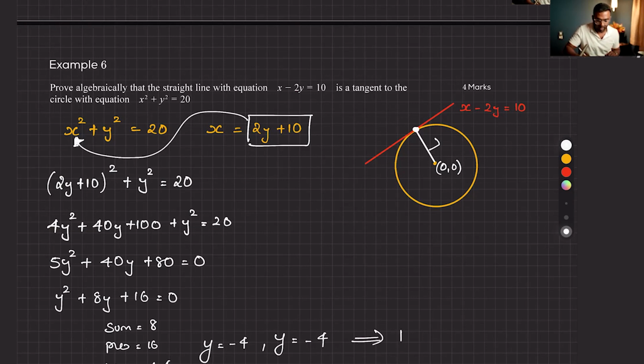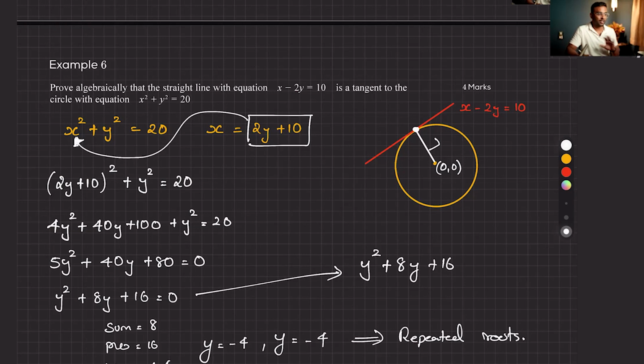These are what we call repeated roots. How many of you have learned about this? Repeated roots. Do you know about this? No. Okay, so do you see this equation, y squared plus 8y plus 16? Did you notice that? Yeah, that equation.